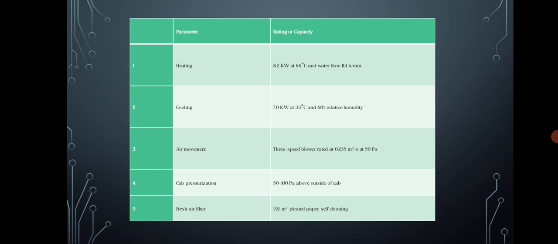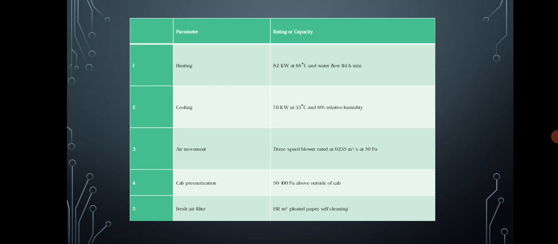Heat: 0.2 kilowatt at 66 degrees Celsius and water flow 11.4 liters per minute. Cooling: 7.0 kilowatt at 33 degrees Celsius and 60% relative humidity.